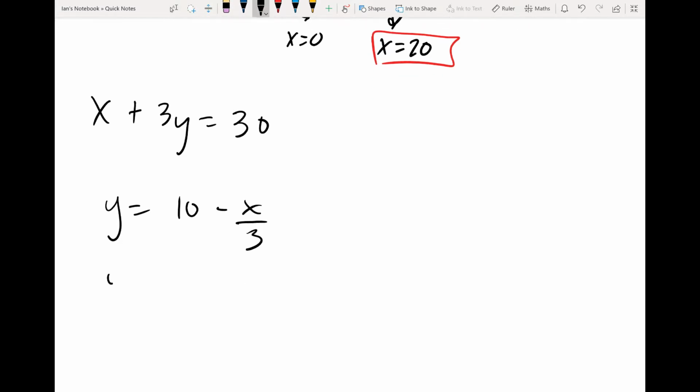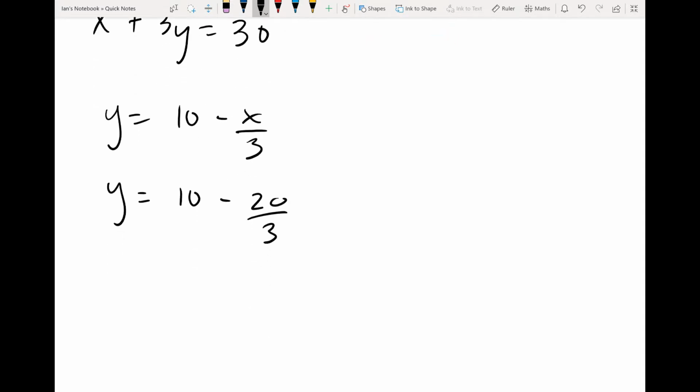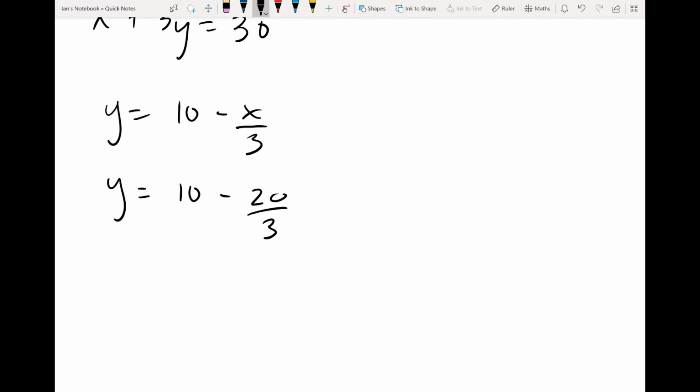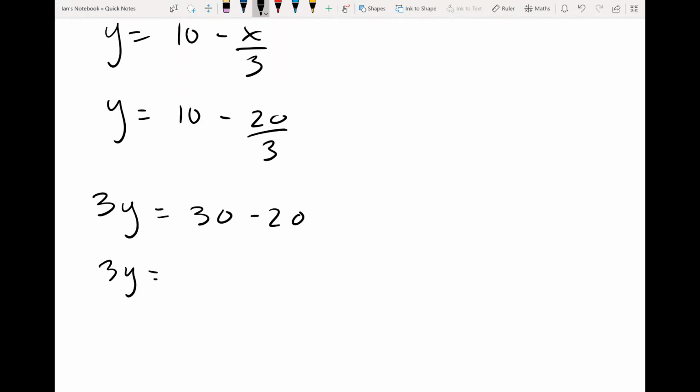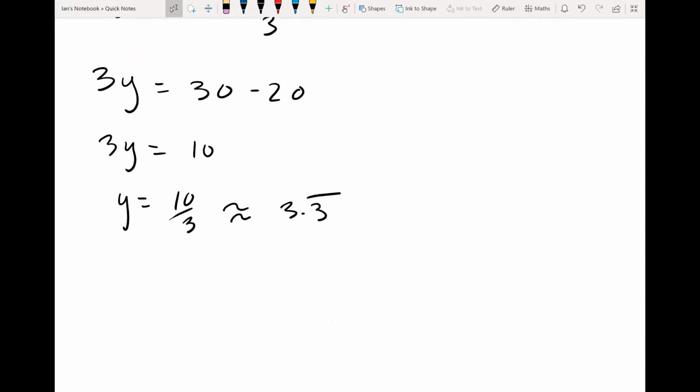Plug it in: y is equal to (10 minus 20) over 3. Multiply everything by 3 just to get rid of that denominator. You have 3y is equal to 30 minus 20, so 3y is equal to 10. y is equal to 10 over 3, which is about 3.3 repeating, but you have 10 over 3.